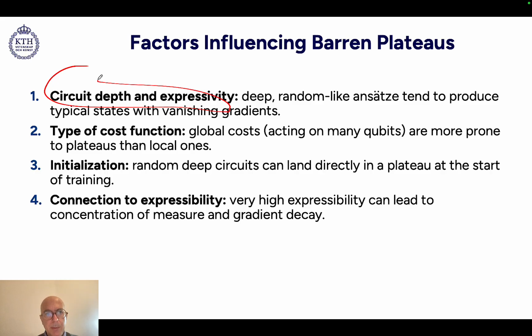Also, the type of cost function impacts the presence of barren plateaus. So global cost functions, which are loss functions that act on several qubits at the global level, are more amenable to plateaus than local ones. Local ones are the ones that measure the expectation value of an observable on one qubit or a few qubits, while the global one acts on the full qubit space.